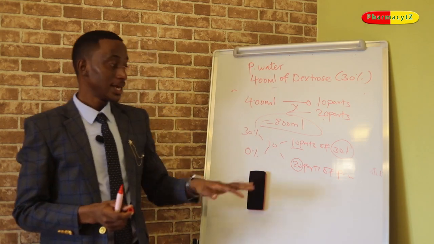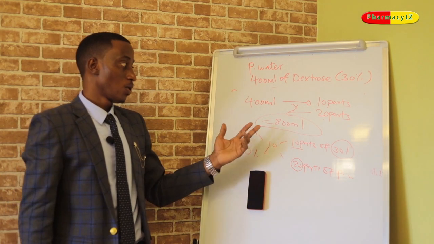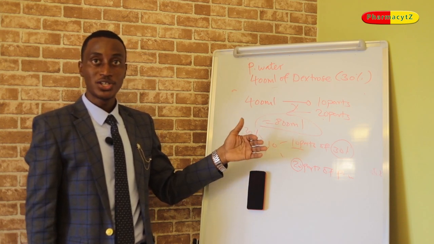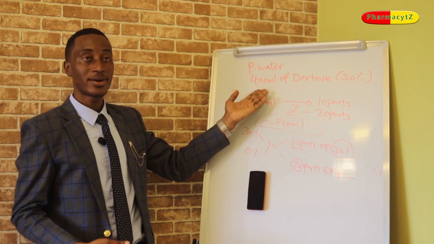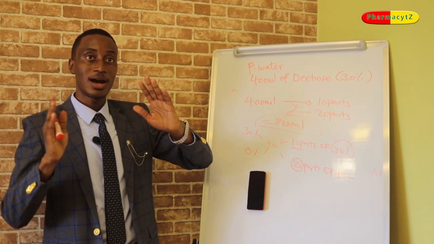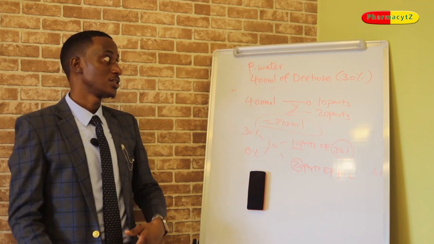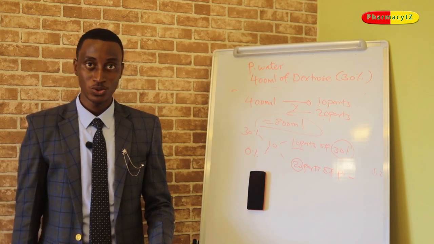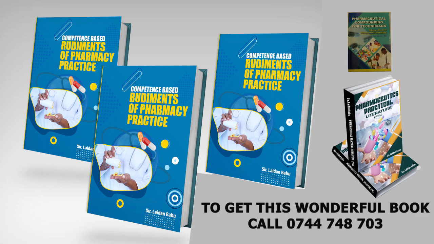So after obtaining 800 mils, measure 800 mils of purified water. After measuring, add this into the previous solution of 400 mils of dextrose, 30%. Then stir well. After stirring well, your preparation is complete. It will automatically contain 10% dextrose solution, but with a total of 1200 mils. Let's check another example.